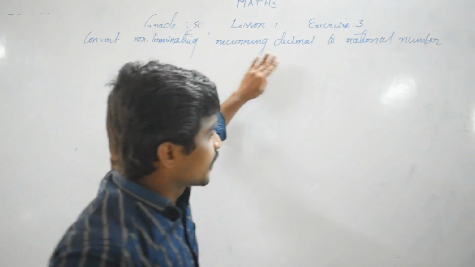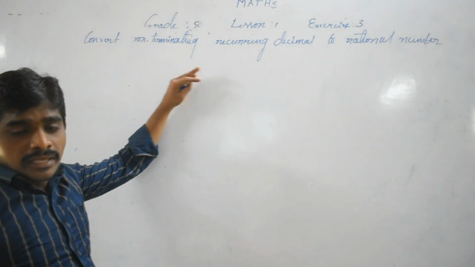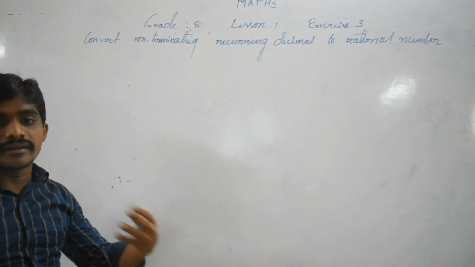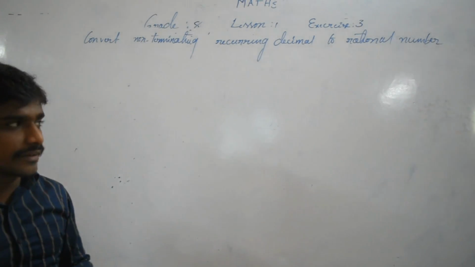Here a recurring decimal means a decimal number that repeats.